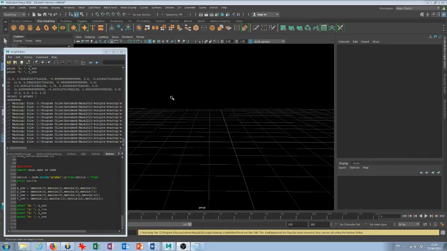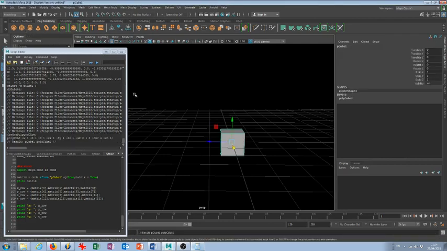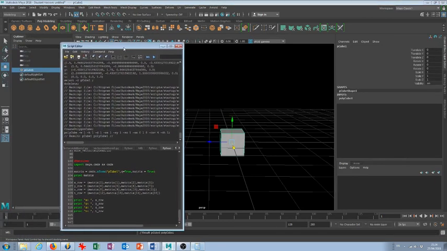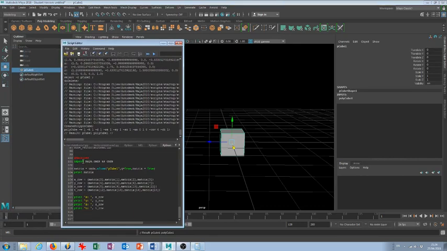So for matrices, what I'm going to do is create a cube here, called pCube1. Then I have this script. We're going to import Maya commands, and you can see that the name is pCube1.